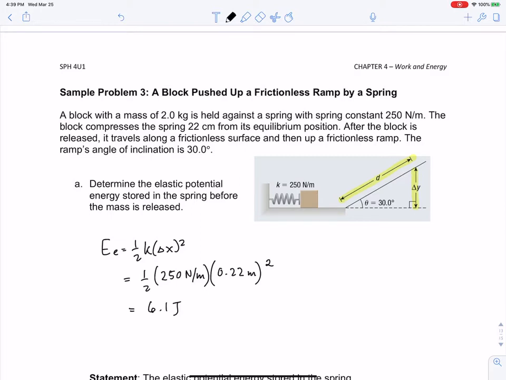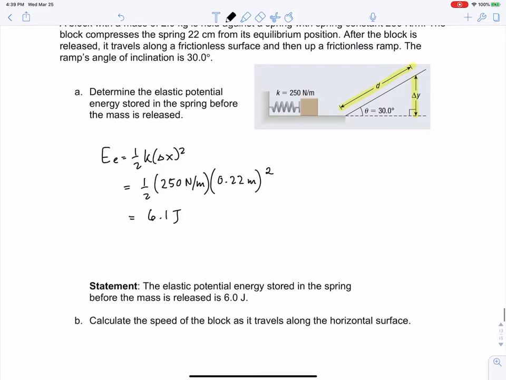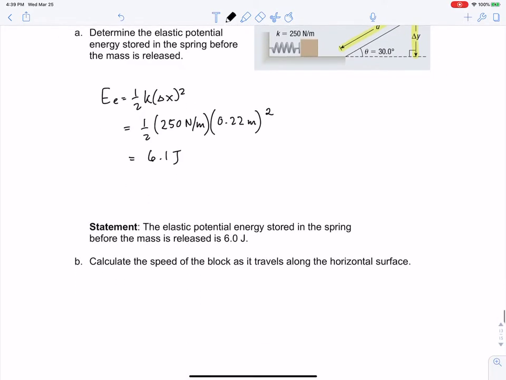This 6.1 joules of energy is going to be converted first into kinetic energy. So calculate the speed of the block as it travels along the horizontal surface. So this 6.1 joules, when it's released and it's traveling along the horizontal surface, will be just kinetic energy, 1/2 mv squared.